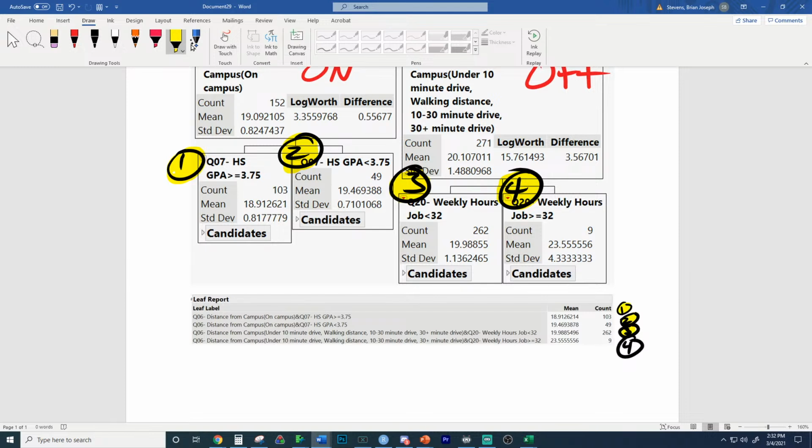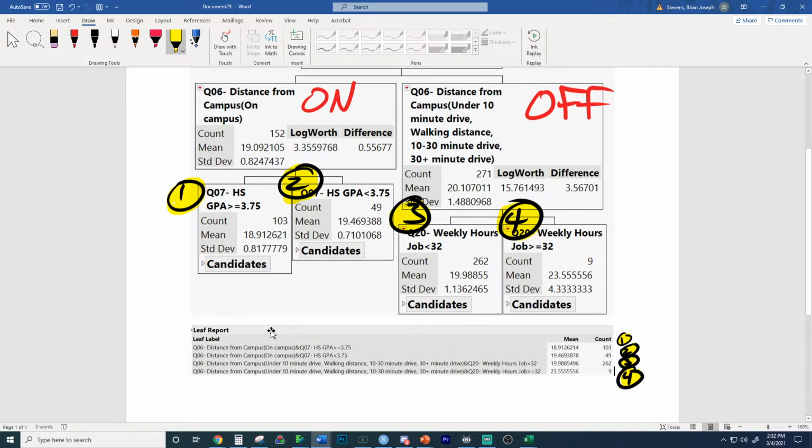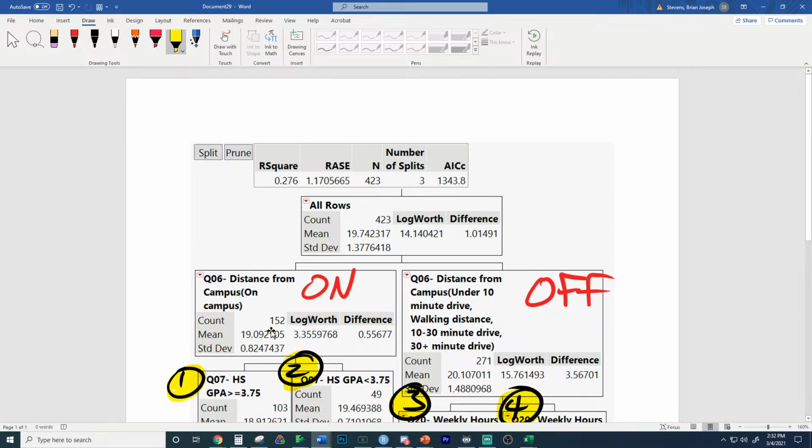I don't think it's root absolute error. Oh, it's at the top of the tree? What is it? Talk about output I don't look at. I'm always saying, be able to understand all the output. What is RASE in decision tree?